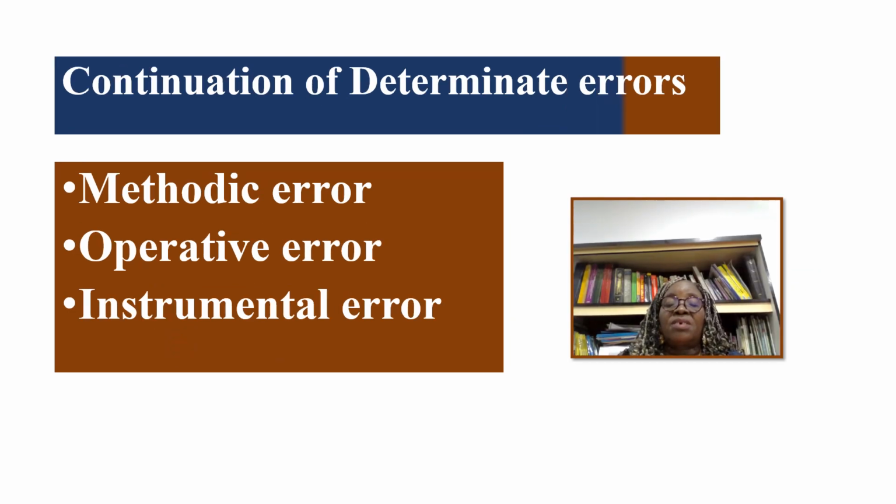What is a methodic error? Methodic error is that error that we obtain from wrong methods. The method we have not followed right, and we have methodic error. For example, when titrating a strong acid and a weak base, you are expected to use a methyl orange indicator.